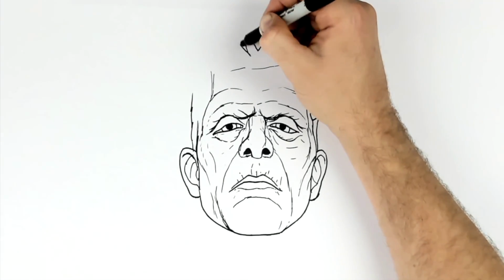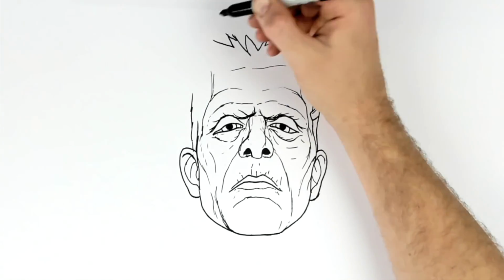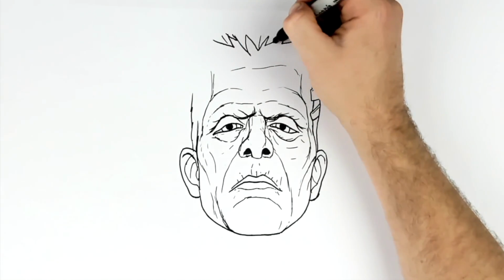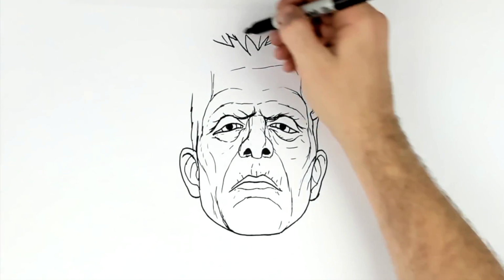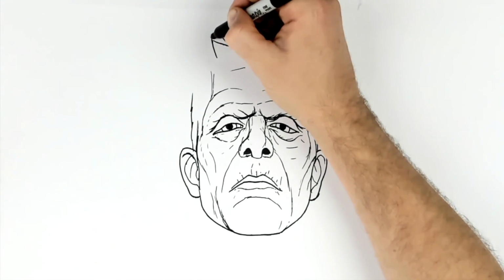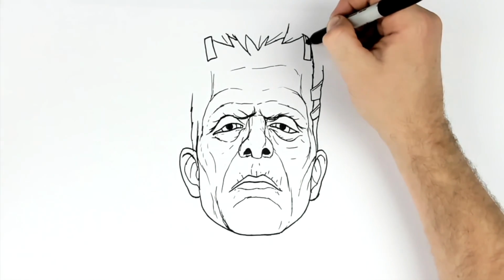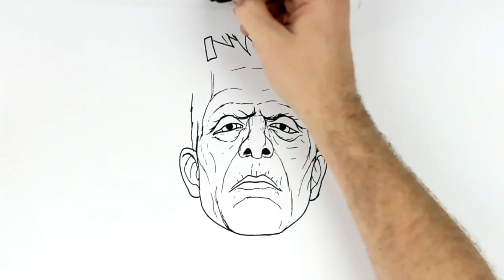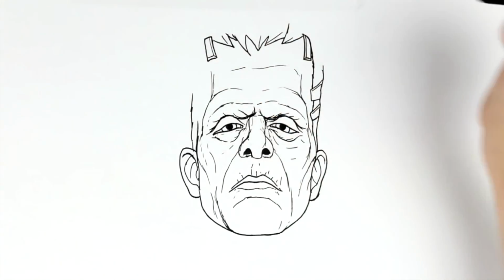You could do longer ones like that if you wanted. But we'll just keep it sort of simple here. Then we have another stitch here, a metal one. And again, it's useful to add these sort of edge lines to them just to make them look a little bit three-dimensional. Like that.